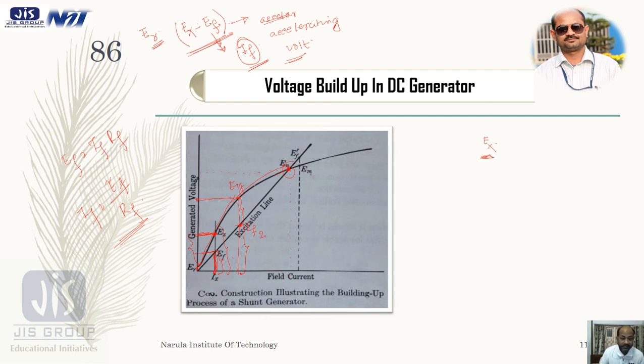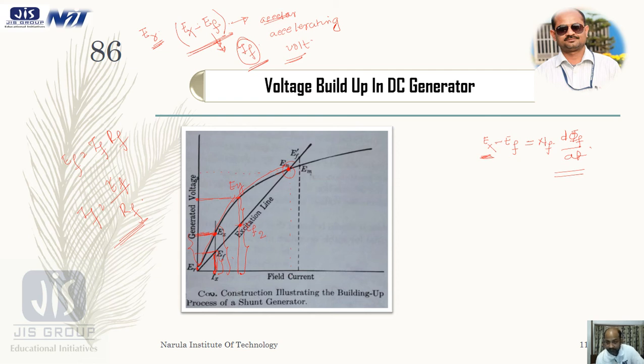So Lenz's law always comes into the picture. So this is opposed. That means EX minus EF equals NF d phi f by dt.